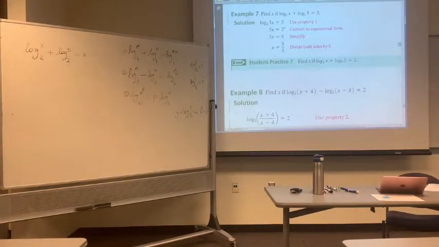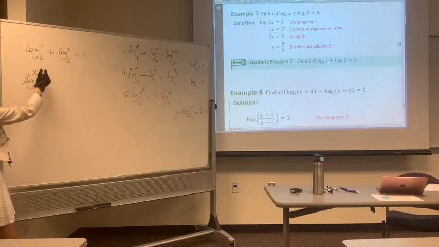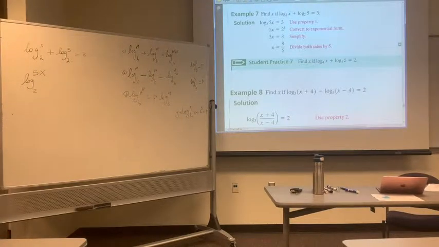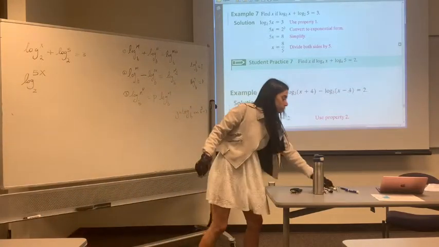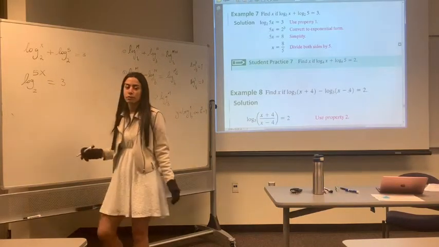That's why I'm going to use the properties of logarithm to solve this. So I can write down 1 log with base 2 of x multiplied by 5. So instead of x5 we can write down 5x, equal to 3, right?